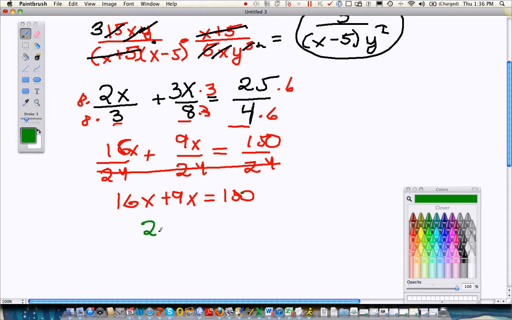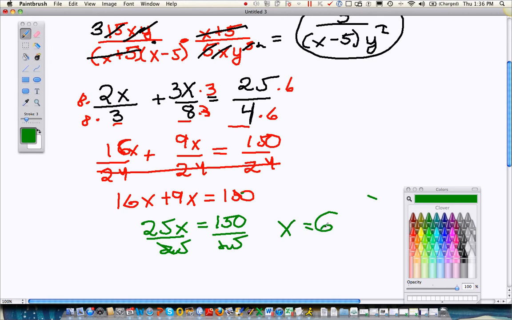From there, you could solve as a fraction or as an equation normally, depending on what steps you have to do. I have to combine like terms, and then I have to do some division. And I'm going to get x equals 6.